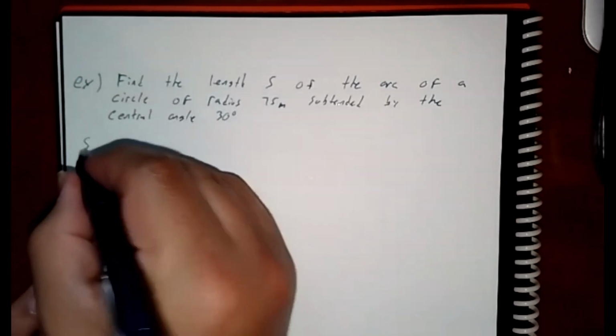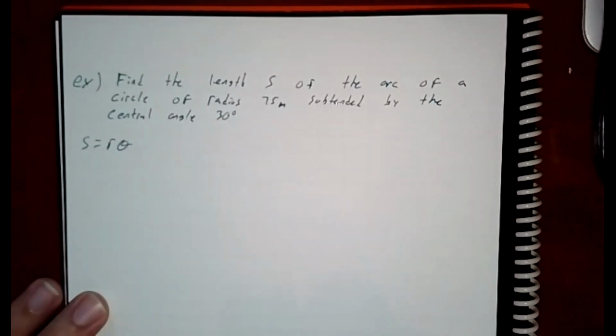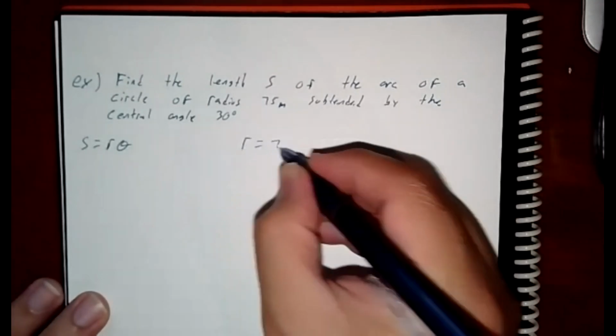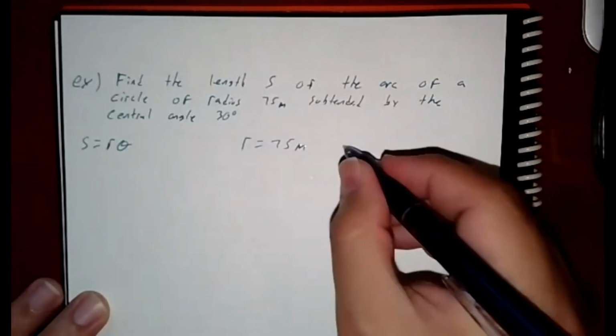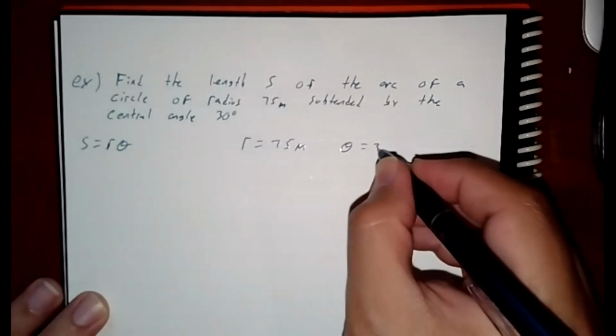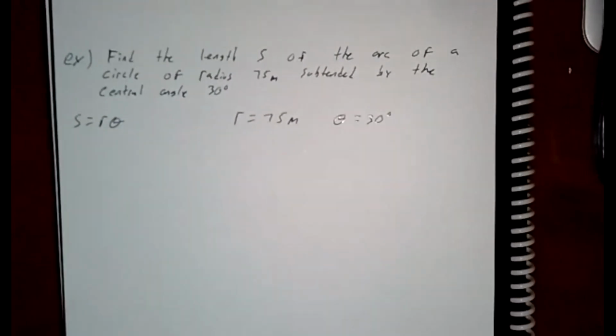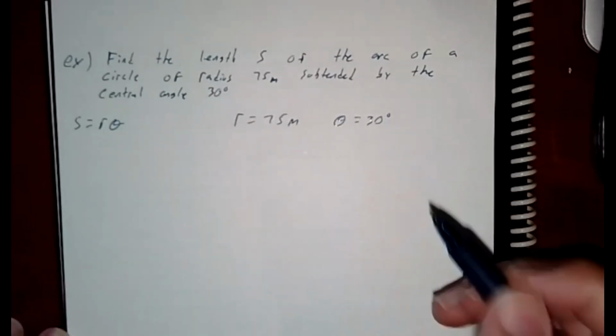So what we're going to need is S equal to R theta. Now the R is the radius, which they gave us as 75 meters. Theta is equal to 30°, right? Remember we said though, we can't use degrees, so we're gonna have to convert it.